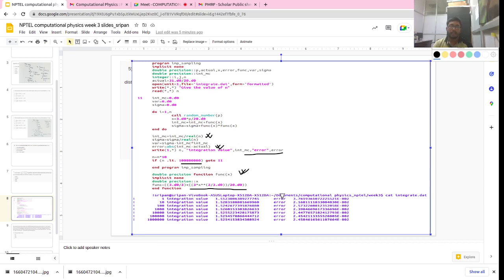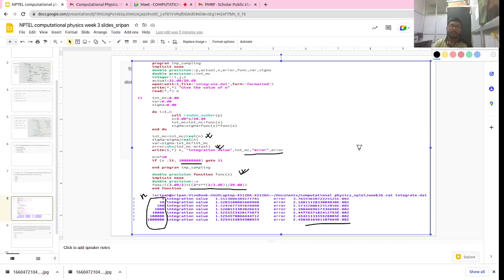So for, let's say, 1 and then 10, these are the values of n, and for those values we have the integration value. This int MC is printed here, with the errors being this.